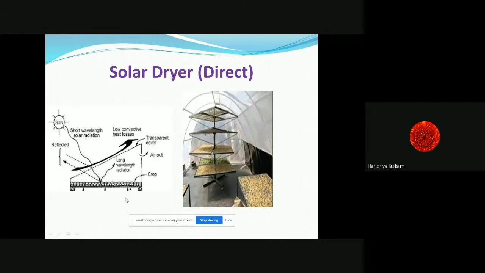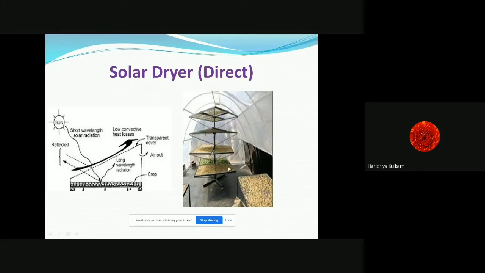So the material to be dried or crop here it is said is placed here. Okay. So whatever sun rays are falling on it, it will get absorbed and it will get heated up. So this is a transparent cover for passage of solar radiations. And this is crop here air out. So air can go out and material will get heated.